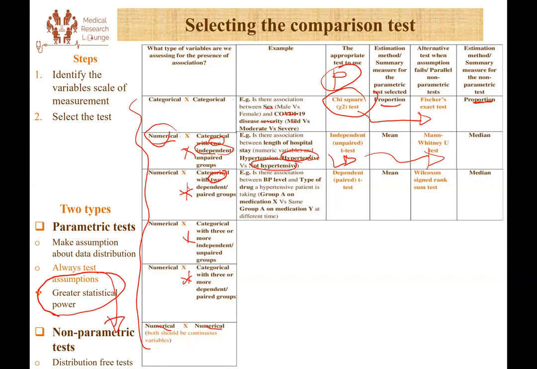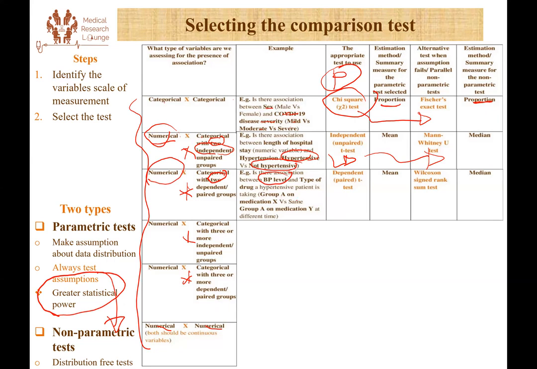So we're talking about the same group of patients in different circumstances. We call that a dependent group, and the responses are two. In this case, the example is we're trying to measure BP level, which is measured in numbers, so a numerical variable, with the type of drug the hypertensive patient is taking.